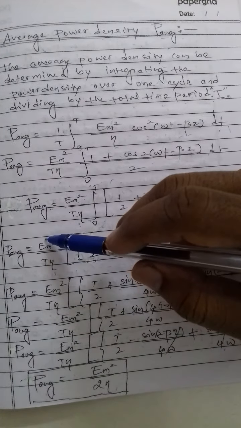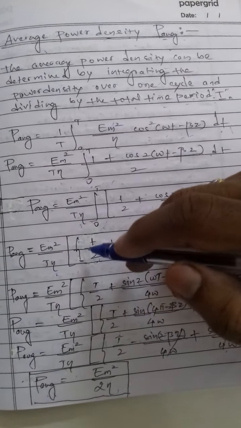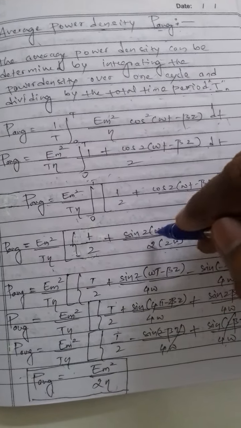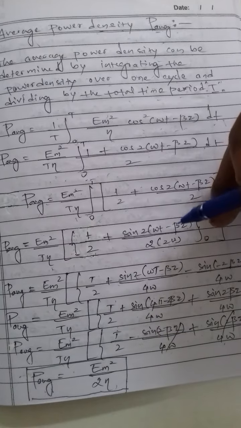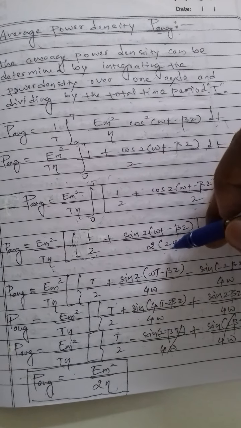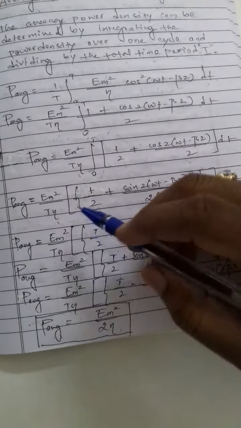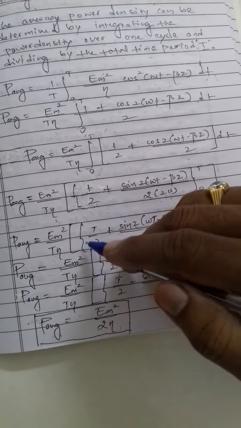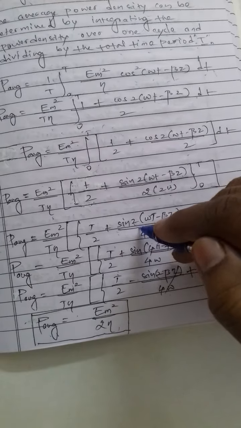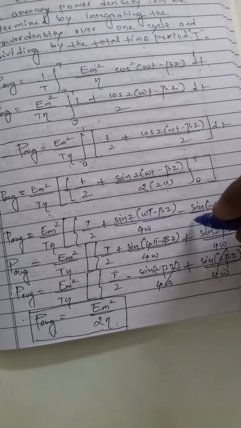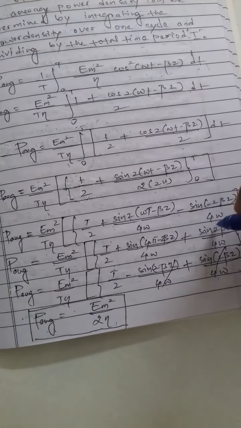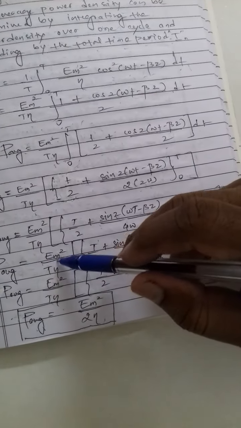This is Em square upon T eta into bracket of T by 2 plus sin of 2 omega t minus beta z upon 2 into 2 omega, from 0 to T. Then it is Em square upon T eta into bracket of T upon 2 plus sin of 2 omega t minus beta z upon 4 omega minus sin of minus 2 beta z upon 4 omega.